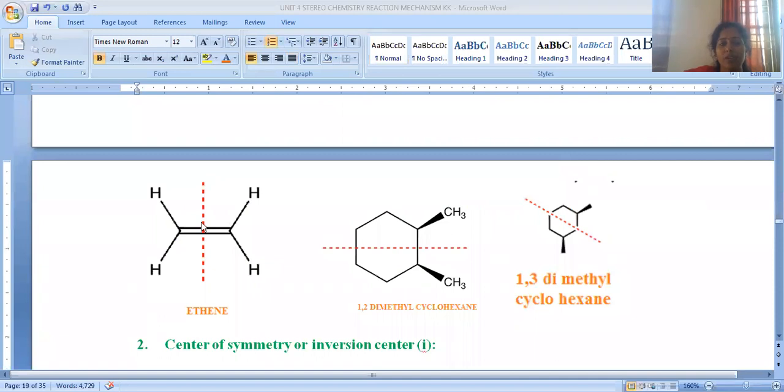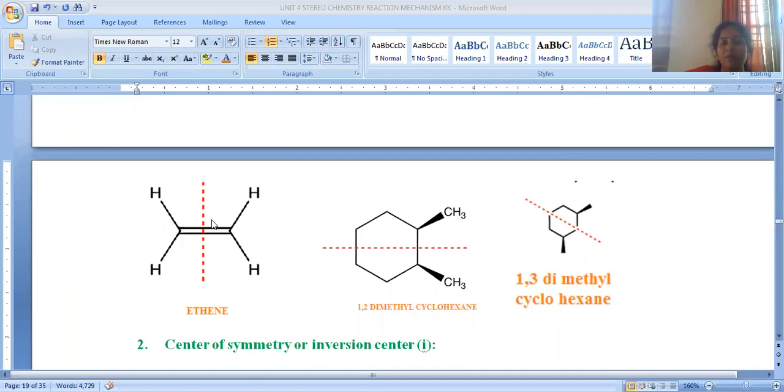When we put this vertical plane, it bisects the molecule into two equal halves. This is an imaginary line. We are not actually cutting the molecule. By using this line, we can identify two equal halves in the molecule.